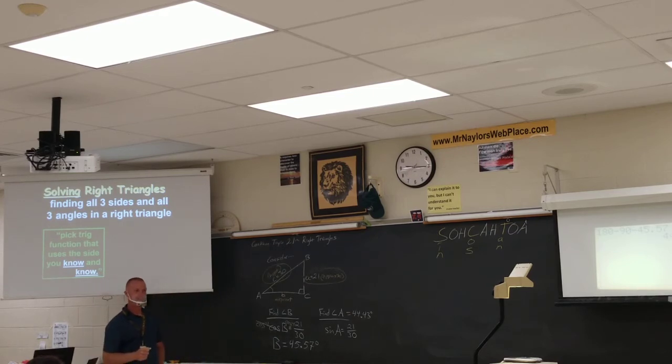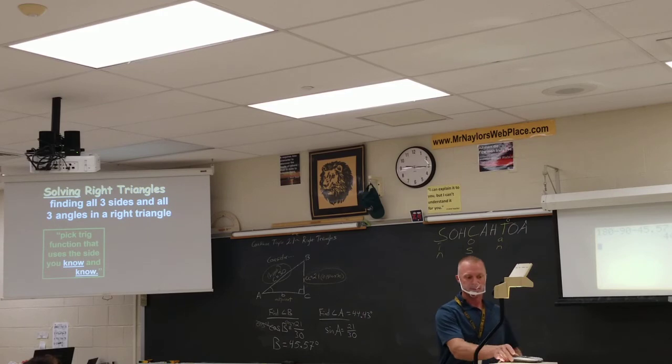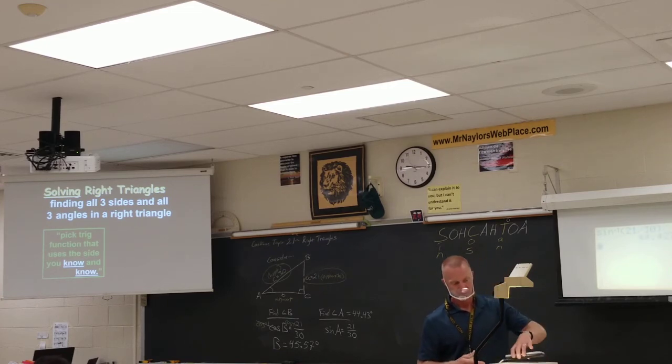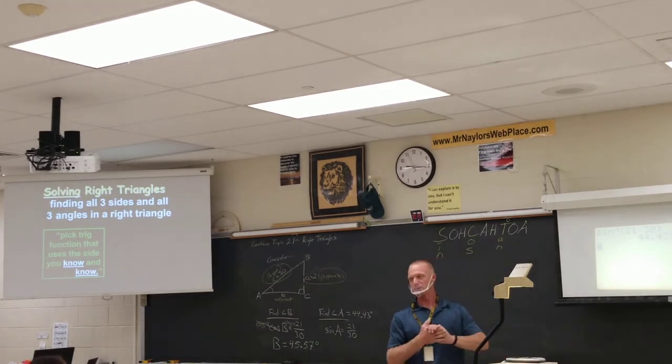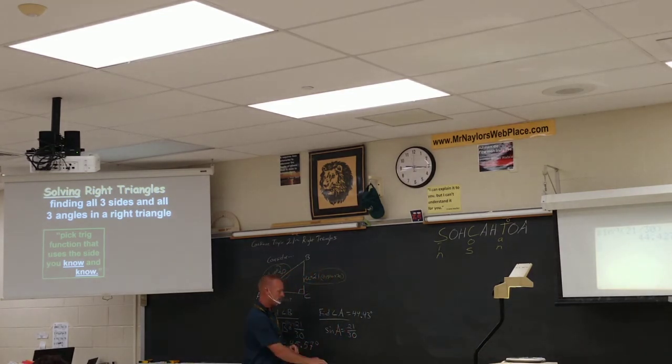But I want you to understand that sine is what's going to help us get angle A, because we are referencing angle A. And it also comes out to the same answer, which is cool. That's the way it's supposed to work. You still get 44.